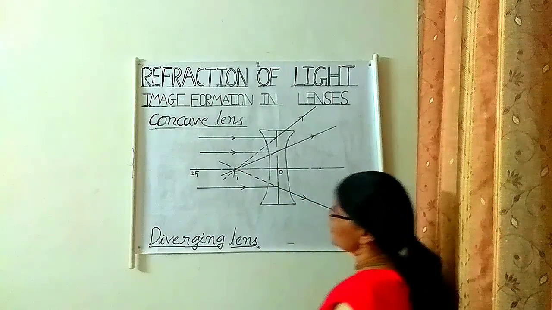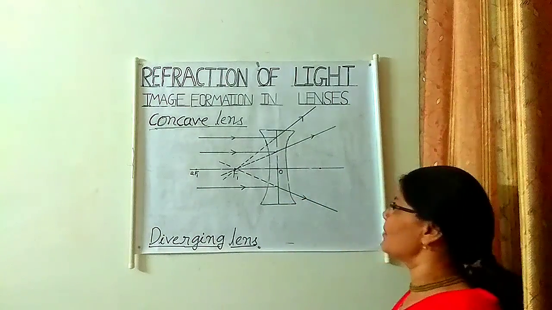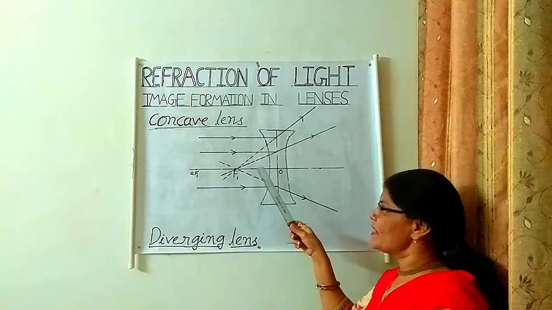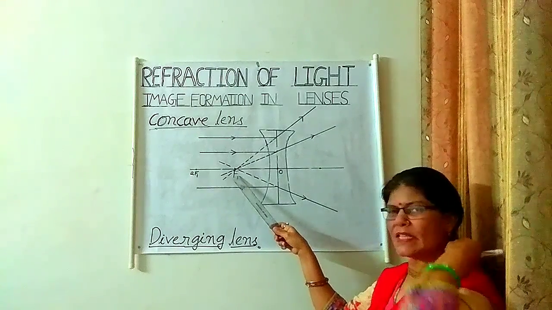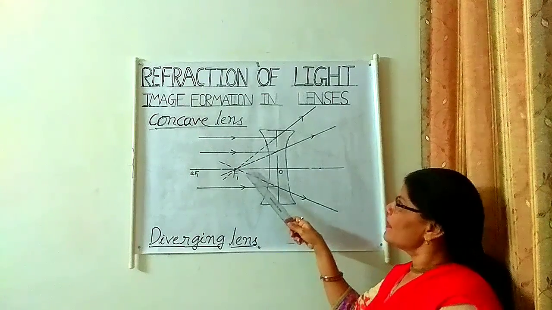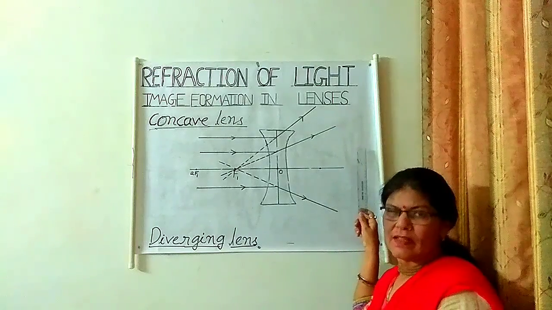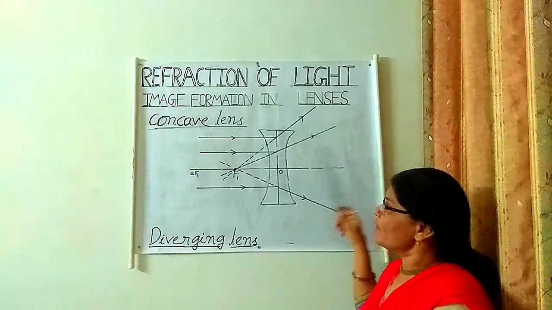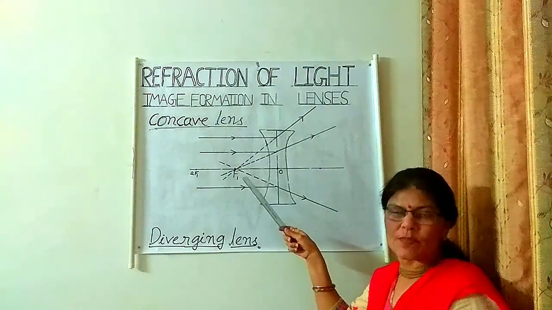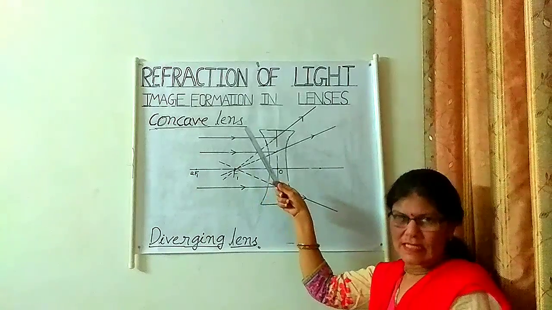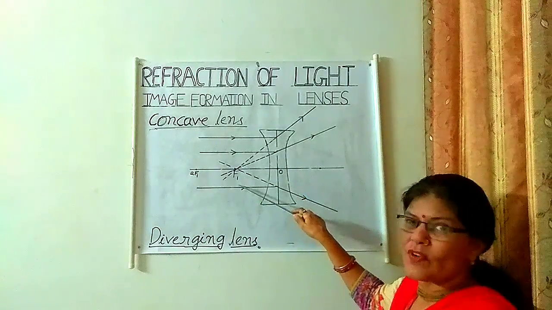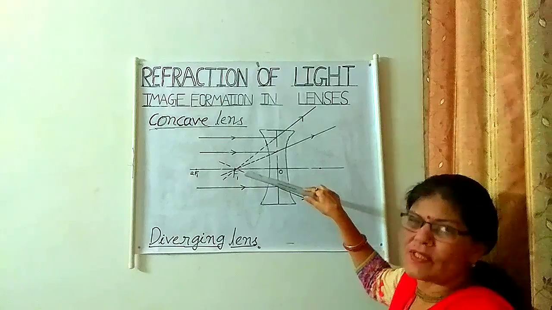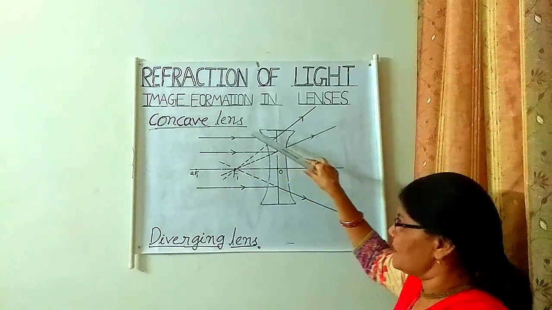So we can see from this ray diagram that all the incident rays which come parallel to the principal axis, after passing through the principal focus, are getting diverged. They seem to be diverging from a point which is the principal focus of the concave lens.